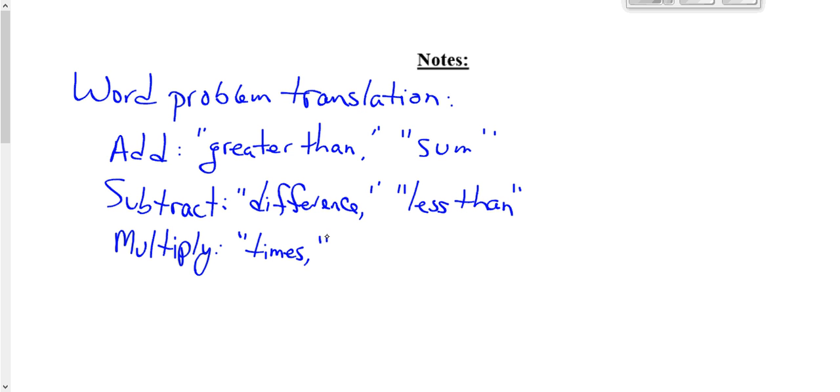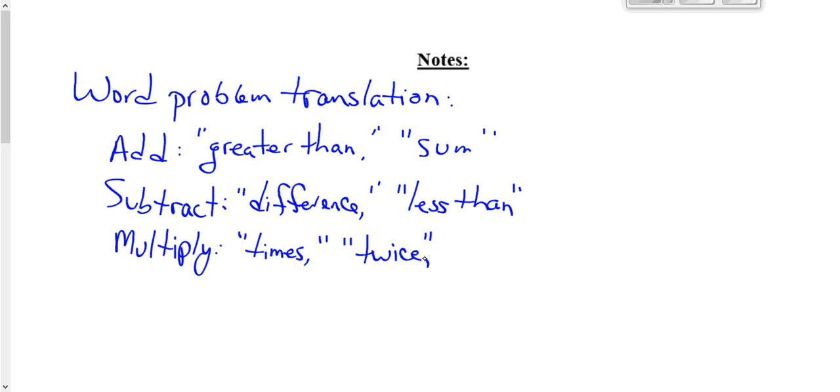Like that, okay? What if you see the word twice? Something is twice is what, right? Or 3 times, right? Here's another thing.